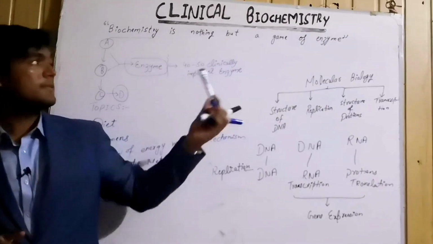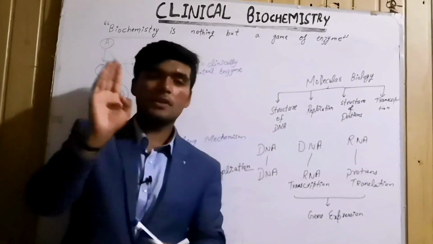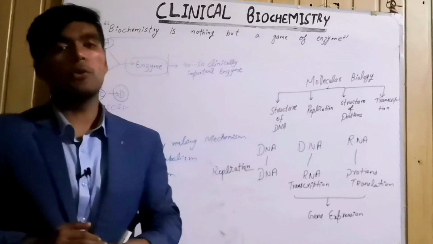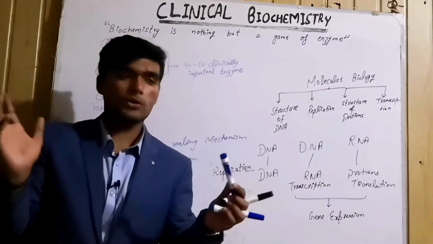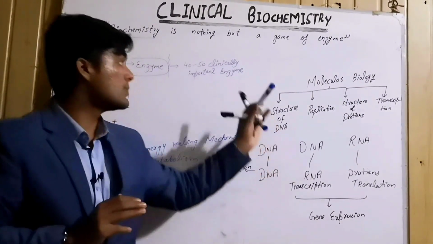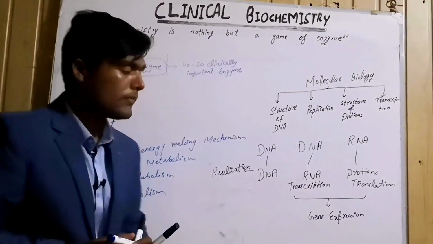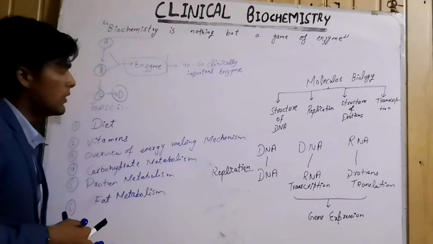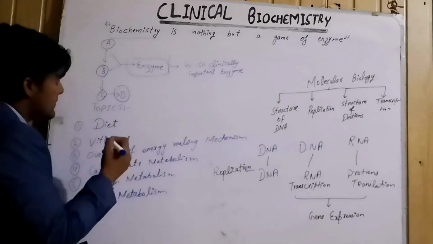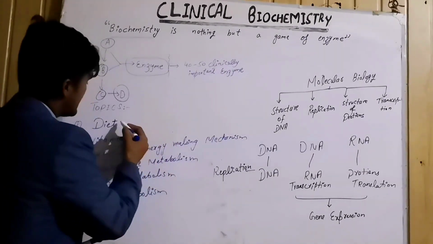In biochemistry we have 40 to 50 clinically important enzymes. We have a lot of enzymes, but we particularly focus on these 40 to 50. Also, I will give you an overview of the topics we are going to discuss in detail.